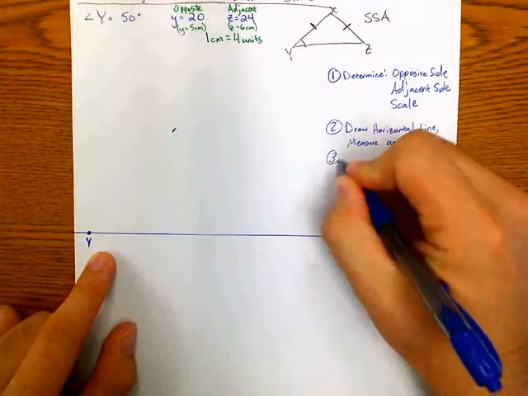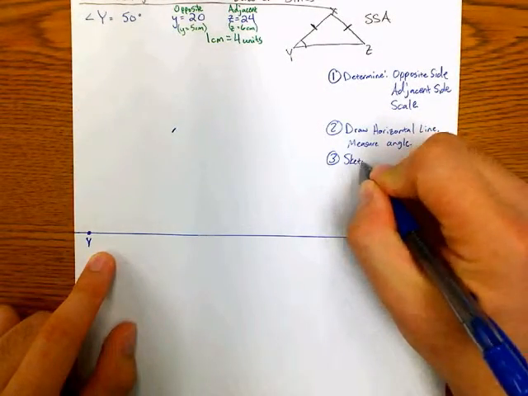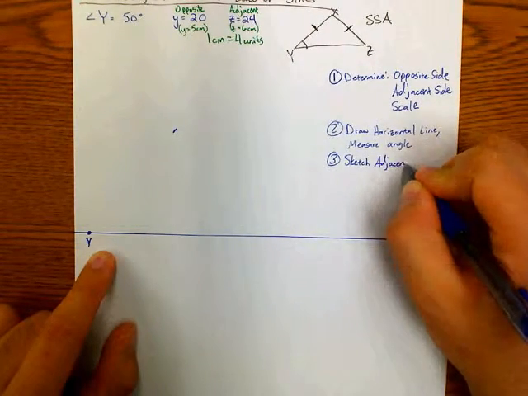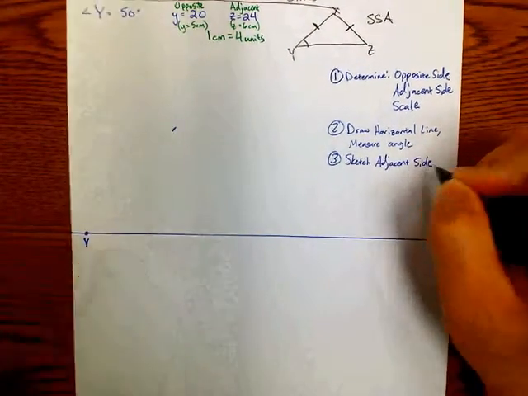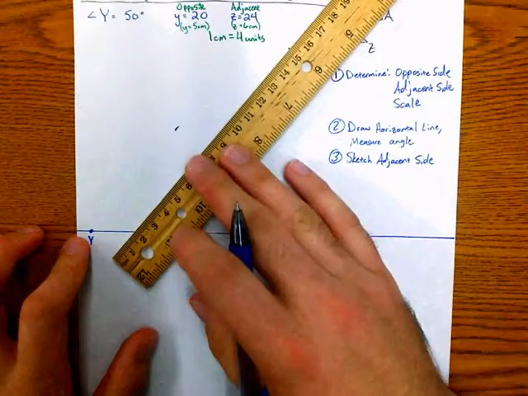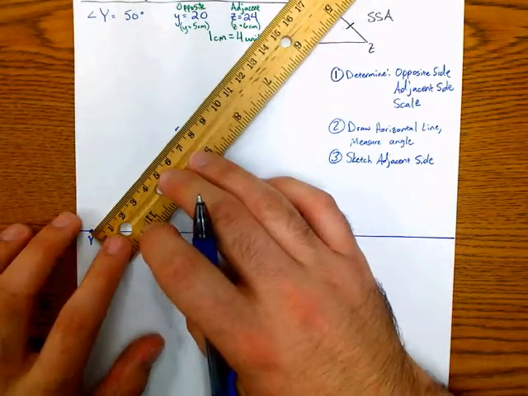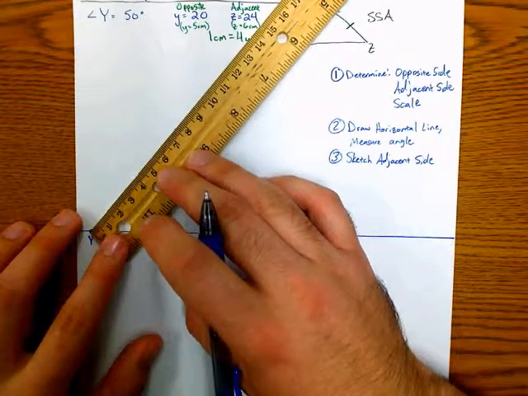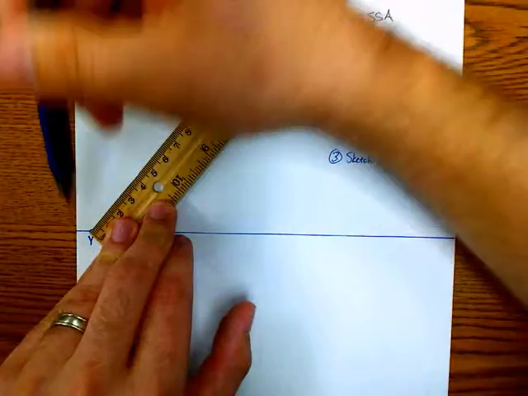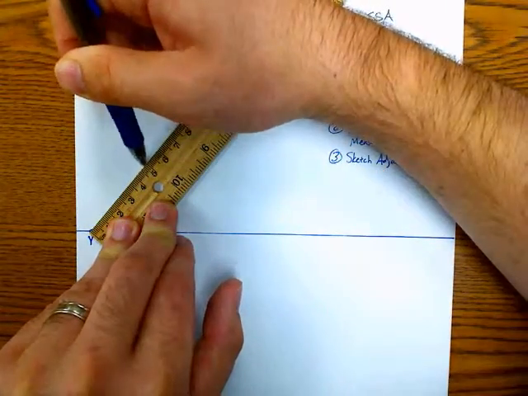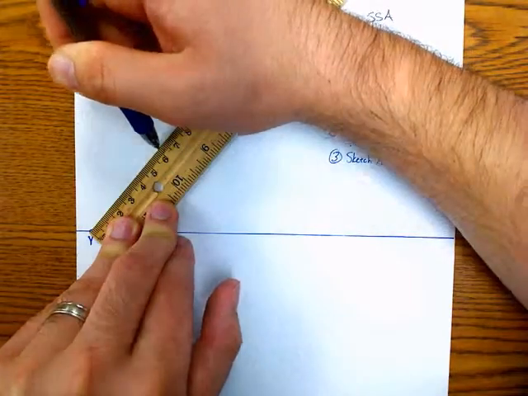It's important that we do it to scale so that we get the full picture. So I'm going to take a ruler. I decided earlier that z would be 6 centimeters. So I'm going to line that up, and we'll be as accurate as we can be to sketch 6 centimeters for that side.